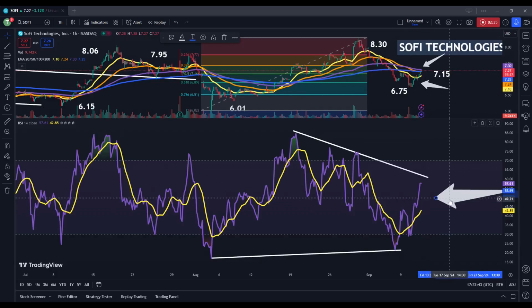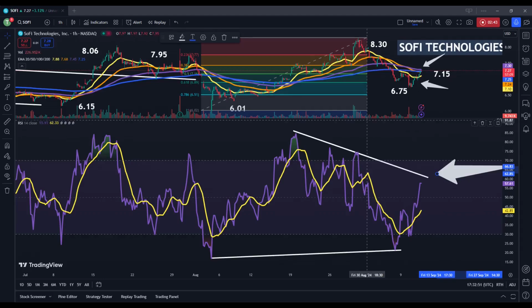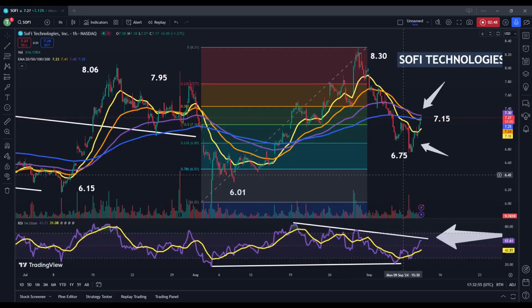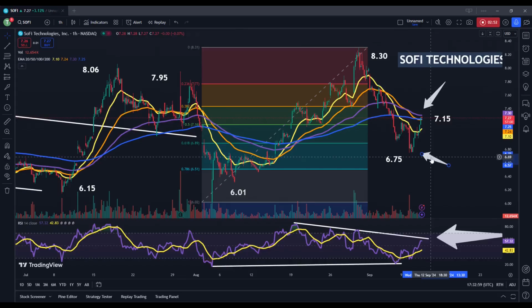At the same time, what we would need to see here is a break above that 100-hour EMA, and then also a break above this downtrend line in the relative strength index. If we were to see a combination of those two events occurring at the same time, this brings more validity to the possibility that this 6.75 low could be a bit of a longer term low.